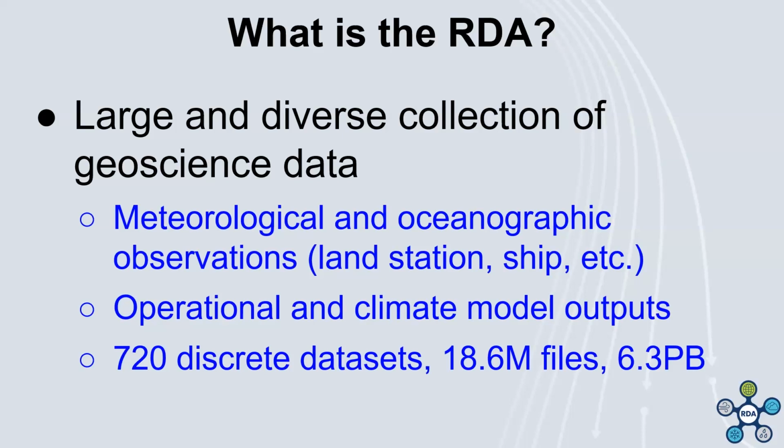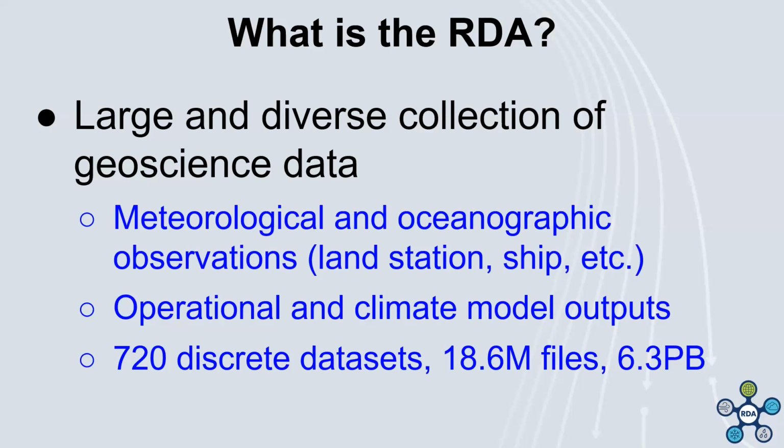So think land stations, ships, aircraft, think long temporal ranges, but with data gaps, missing data. And then we have model outputs from climate models and operational weather forecasts. So there think global coverage, not much missing data, pretty complete periods of record.